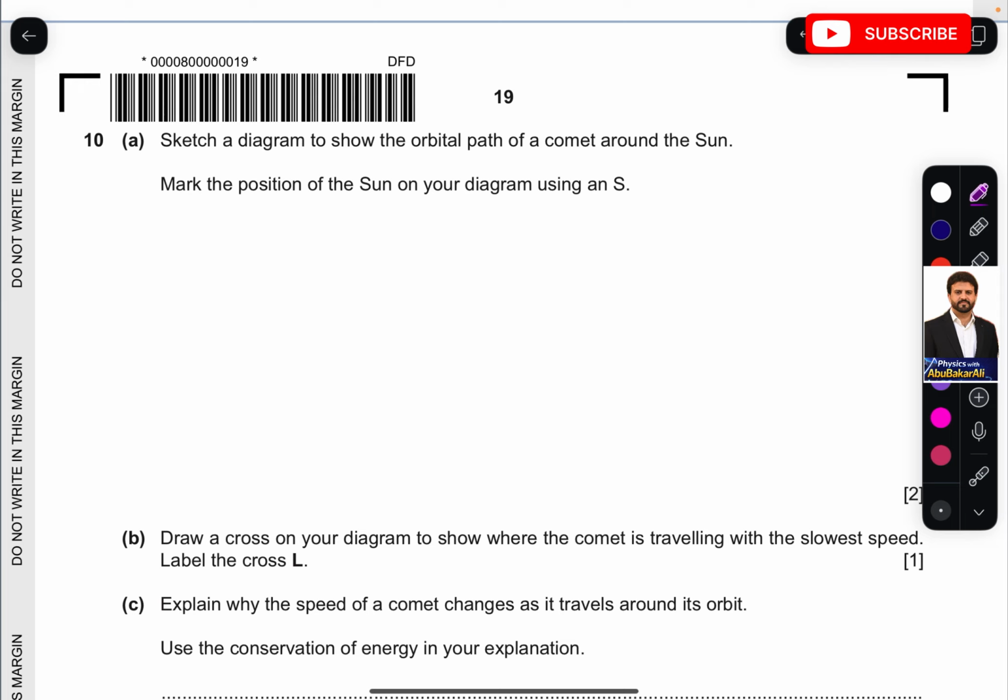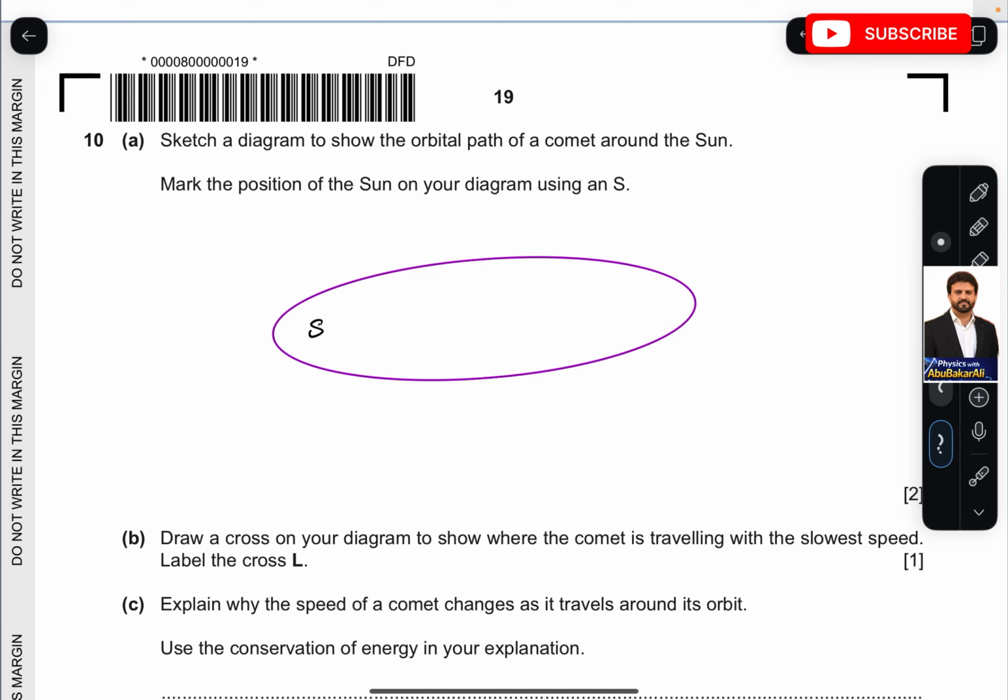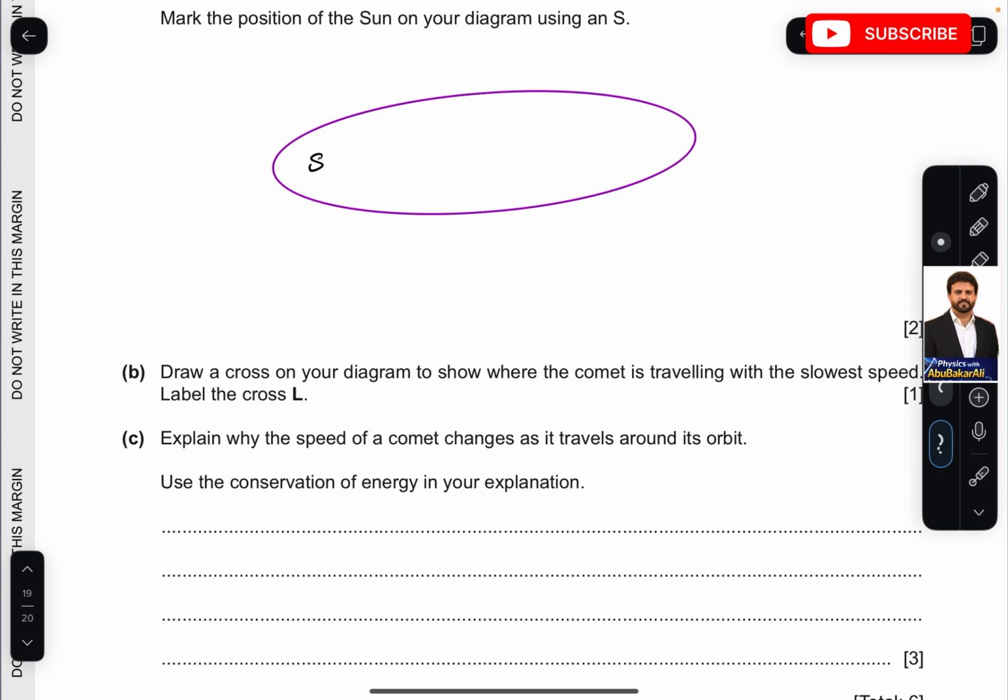Okay, we know the comets move in an elliptical path, and the sun is not at the center. You have to mark the sun as well. So there will be an S. You can add an S here as well, but you have to choose one point.